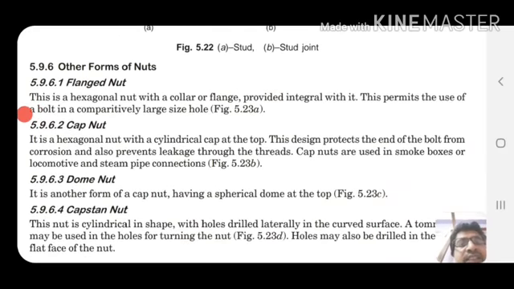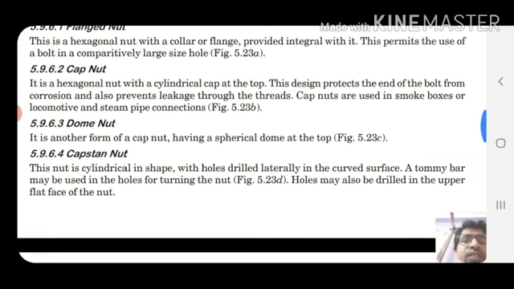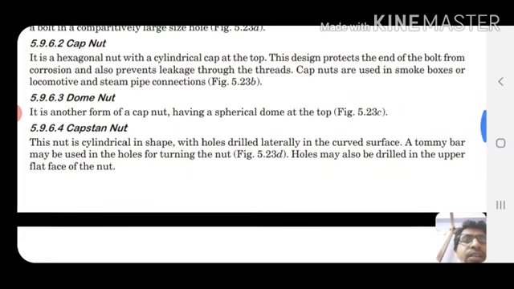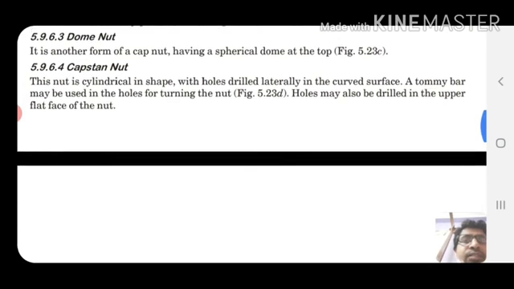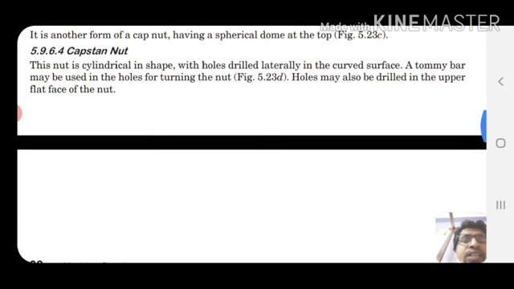Flange nut. This is the hexagonal nut with a collar or flange provided integral with it. Cap nut, it is a hexagonal nut with a cylindrical cap at the top. Dome nut, it is another form of a cap nut. Another one is the capstan nut.